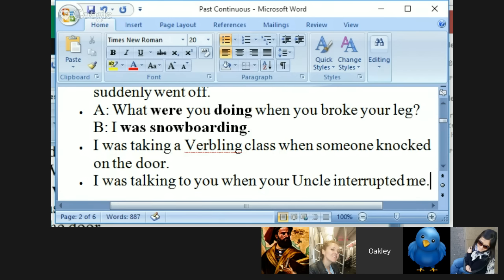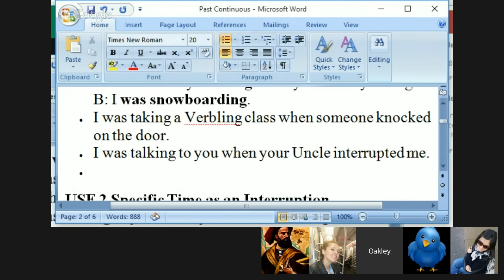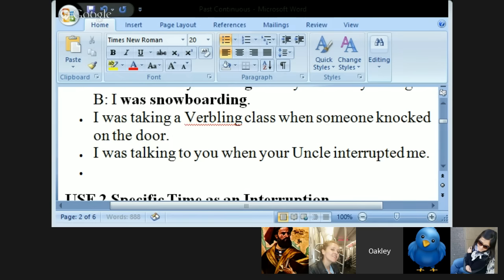Okay, and here we have the verb interrupt as the interrupting action. Wow, what a coincidence. Okay, terrific. Couldn't be more to the point of the usage, really. That's about as much to the point as you could possibly be, Salvatore. Okay, good job.